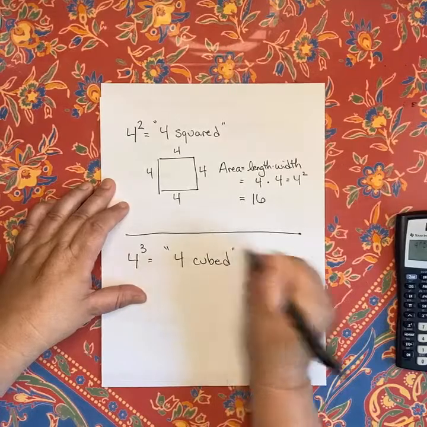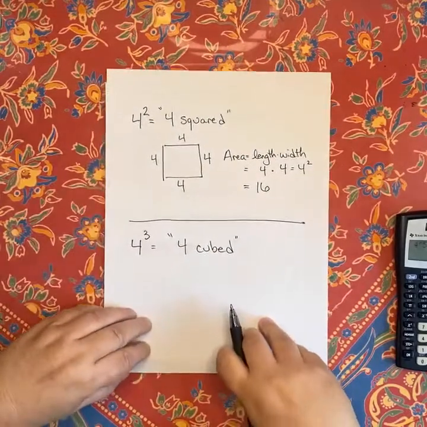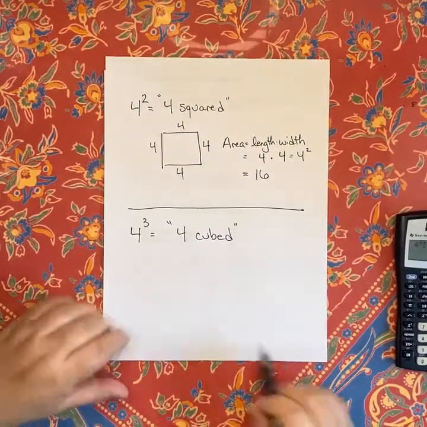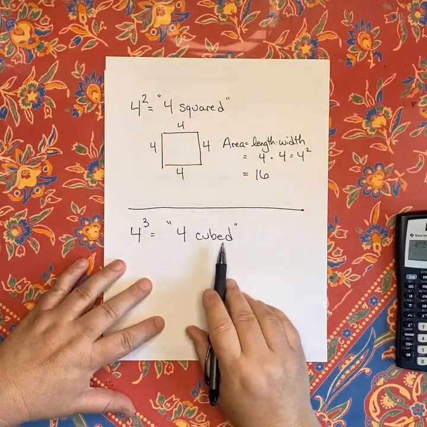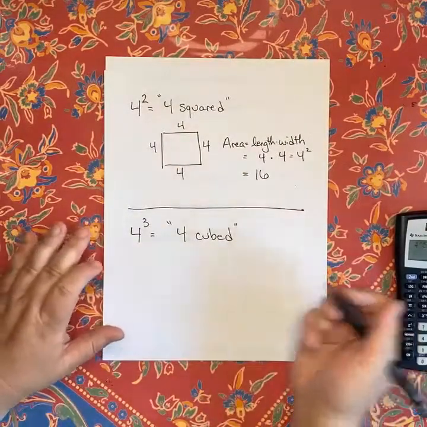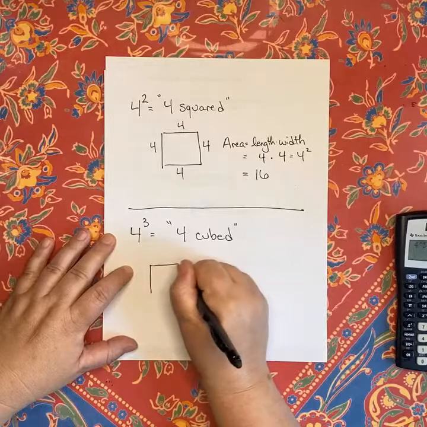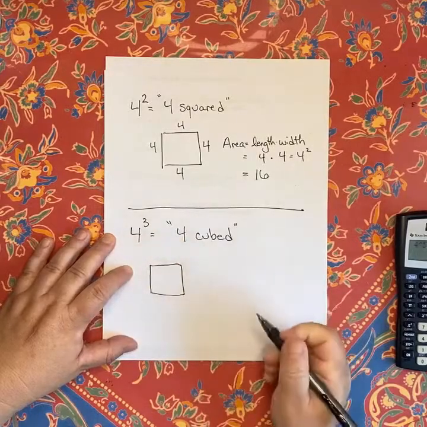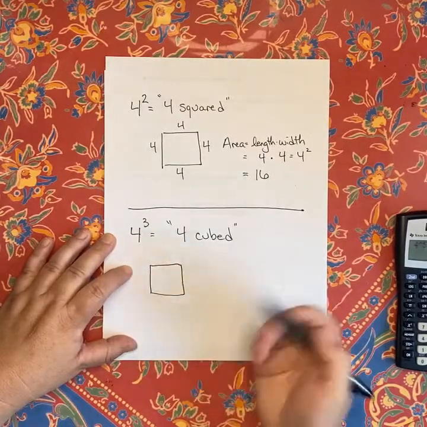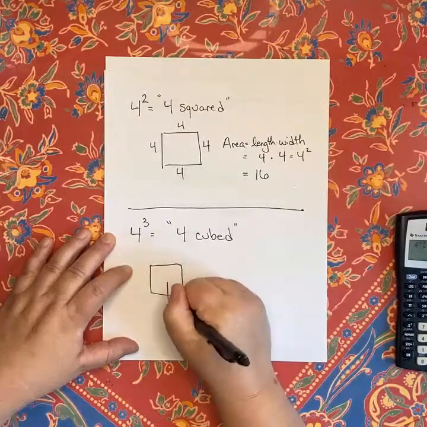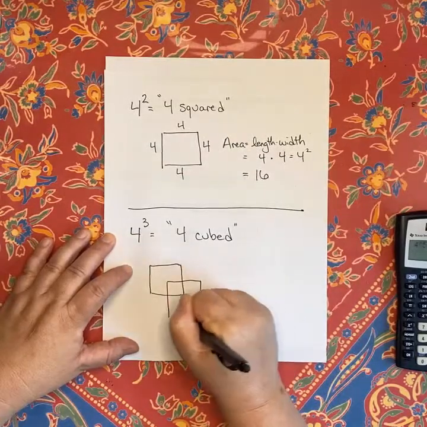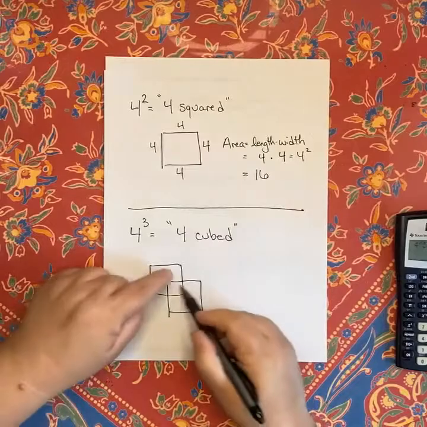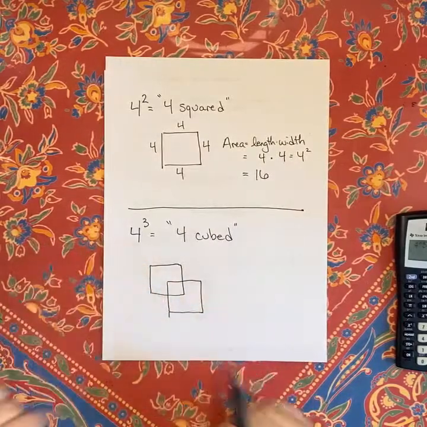If you have a third power, that is also known as 4 cubed. Now, a couple of things. I'm going to give you a little bit of art education. I know that's a beautiful square. Let's pretend that's a beautiful square. If you draw 2 squares that are approximately the same size, do them overlapping. See, like that?